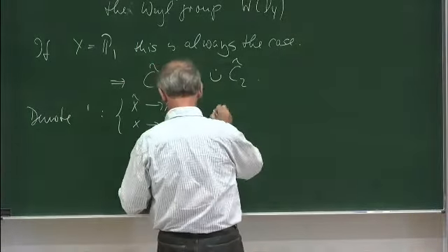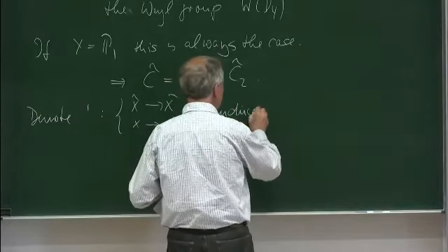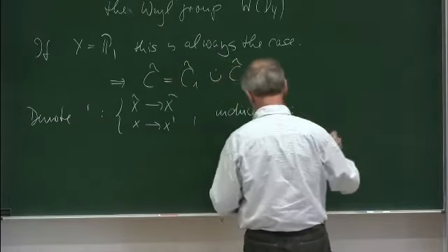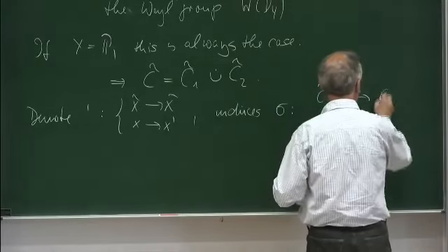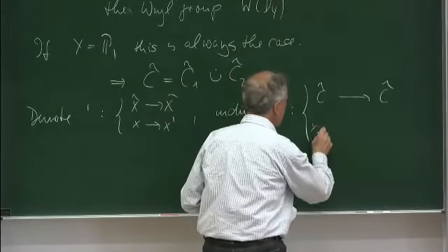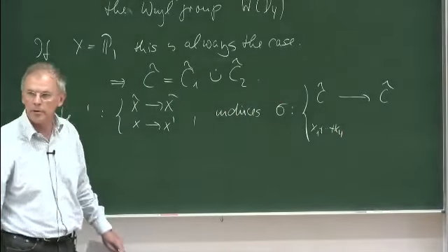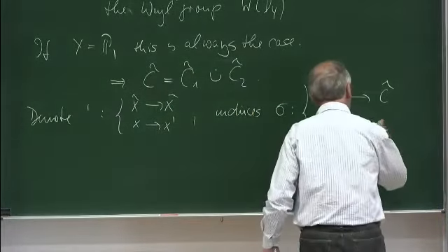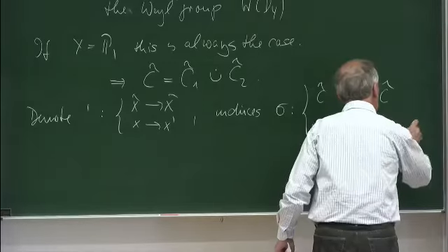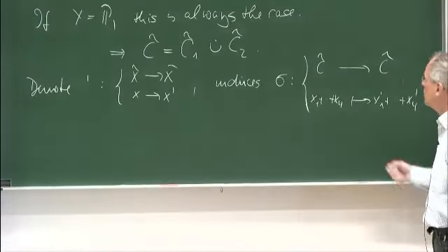And then this induces an involution, which I call sigma, onto C tilde. So the elements here were these points, x1 up to x4, and we associate to them x1 prime plus x4 prime, right? So we get an involution here.